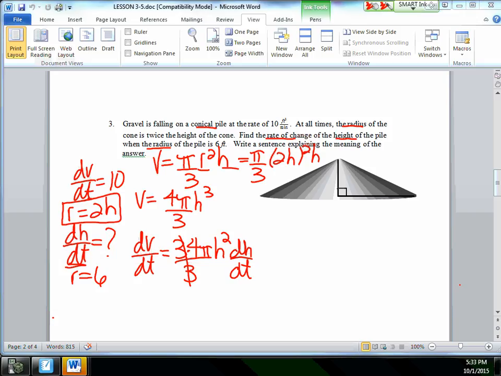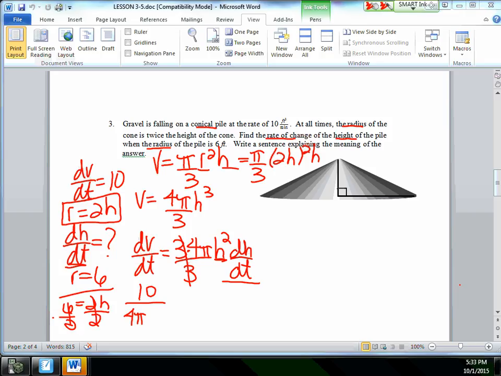So dV/dt is 10. I'm going to kind of do both, sorry. Solve for dh/dt. So over 4 pi. Now what is h? Well, I know when r is 6, so how do I get h? We'll come back to this thing. We know r is 6, 2h divided by 2.